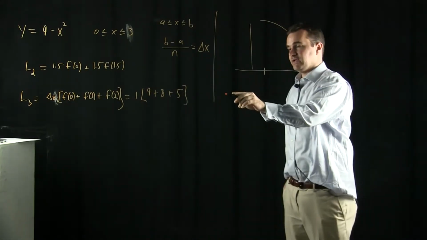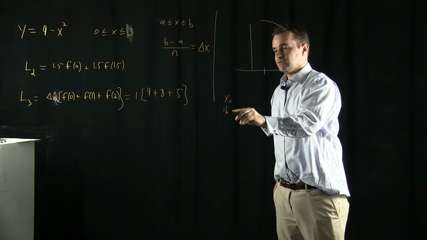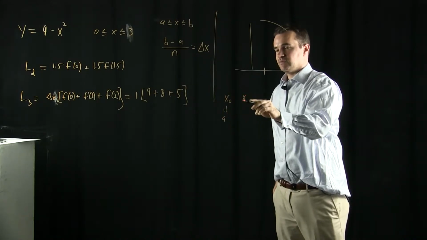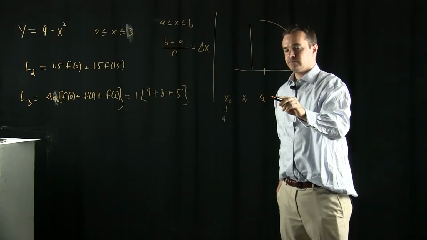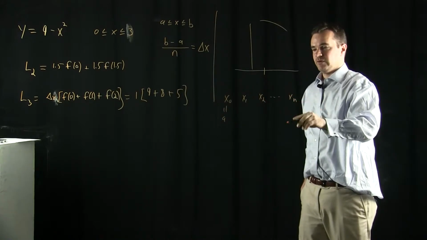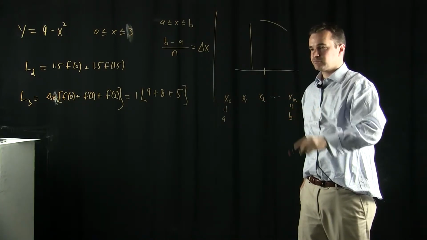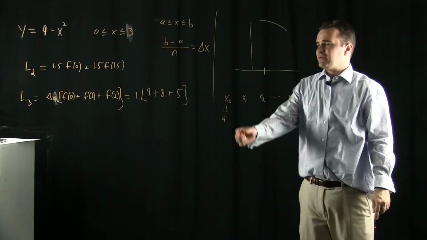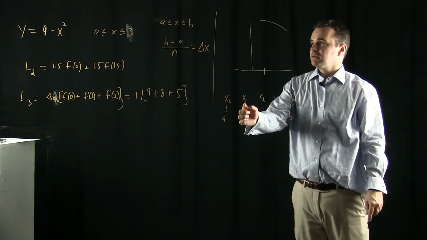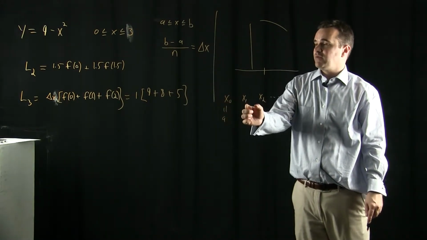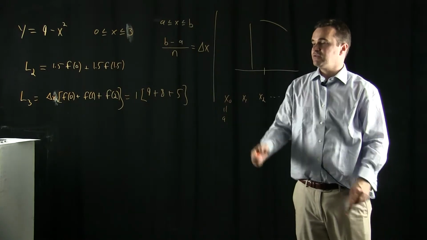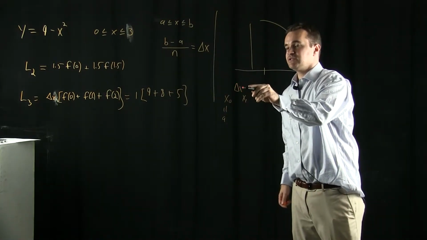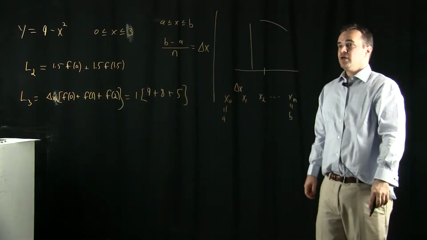Maybe you label them like x0 equals a, and then x1, then x2, all the way up to xn equals b. And x1 would be the right-hand endpoint of your first interval. The length would be delta x. Delta x is always the common distance to all of them.